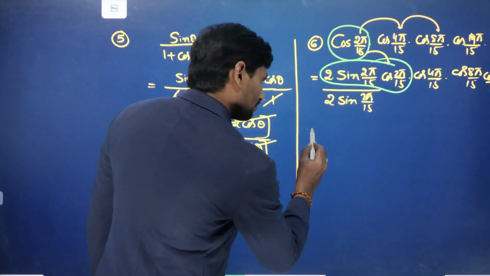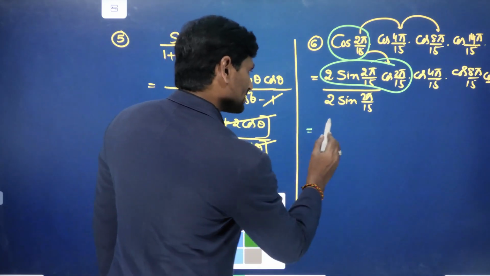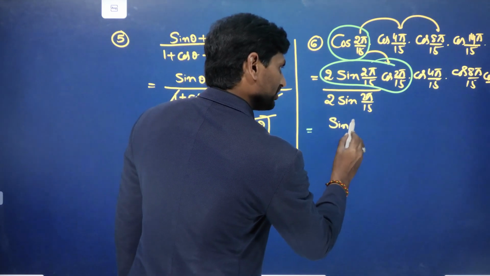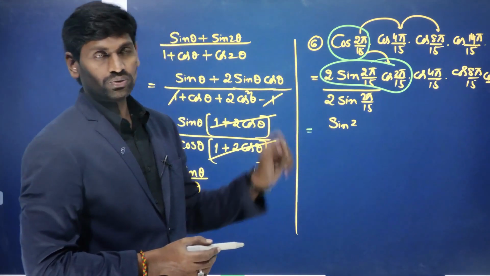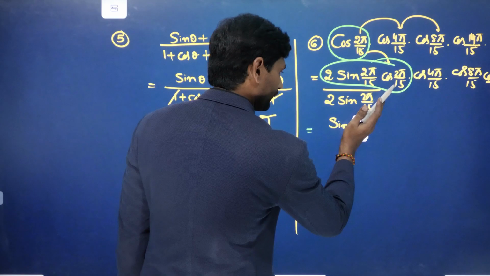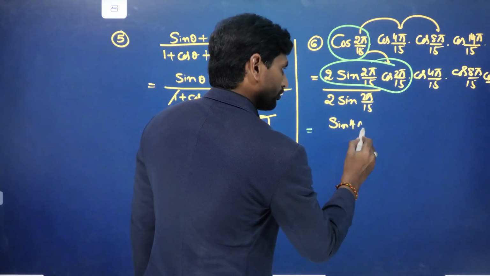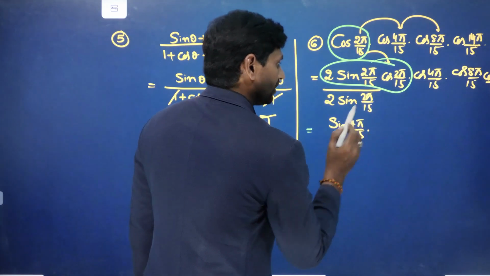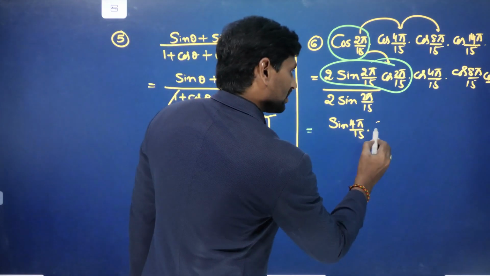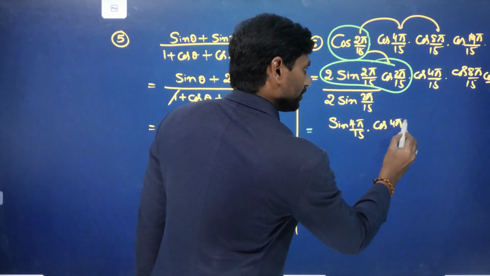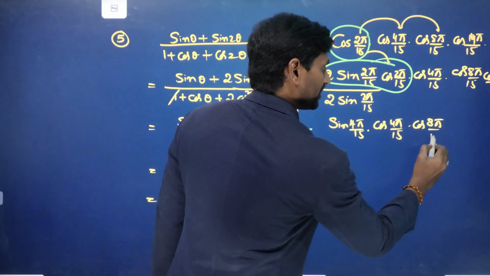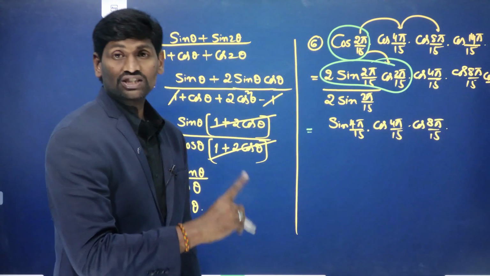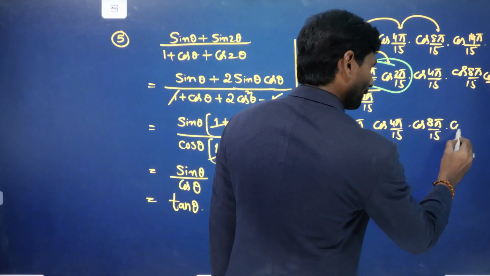So I can write this as sin 2 into the theta value, 2 into 2 pi is 4 pi, so sin 4 pi by 15. And the remaining terms are cos 4 pi by 15, cos 8 pi by 15, and the last term is cos 14 pi by 15.